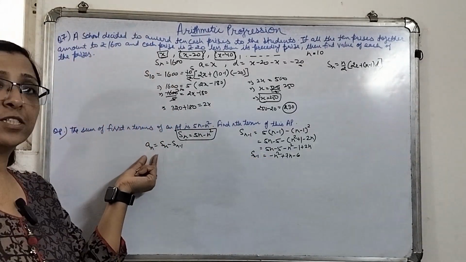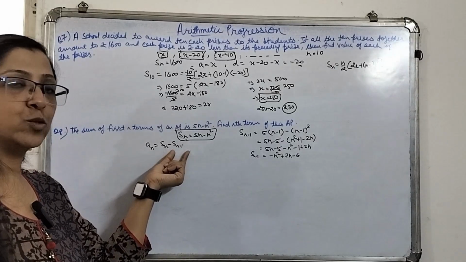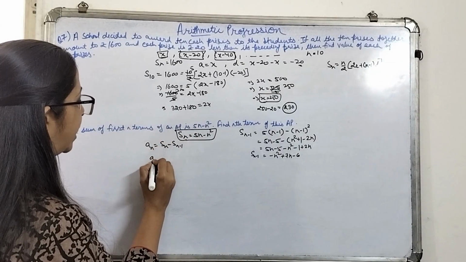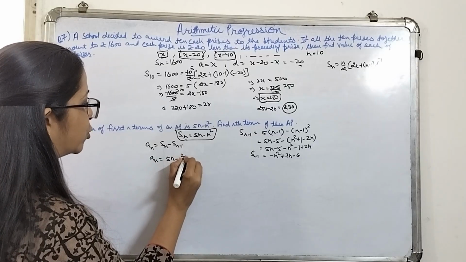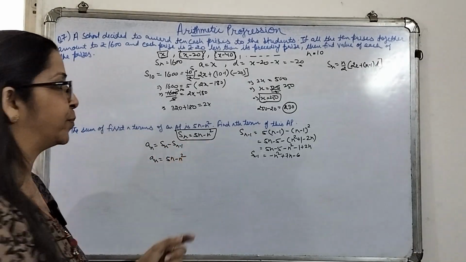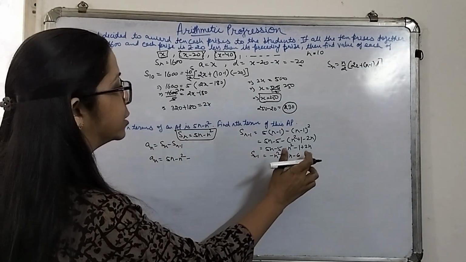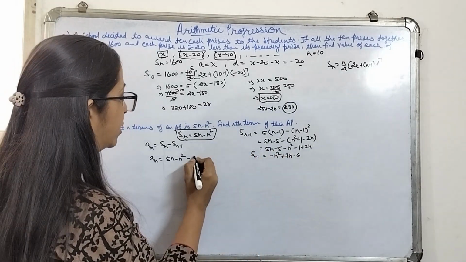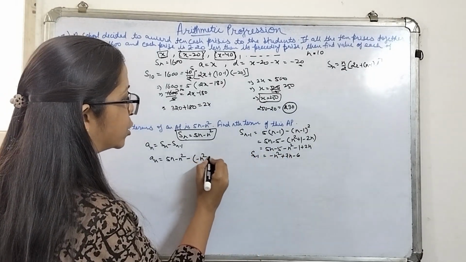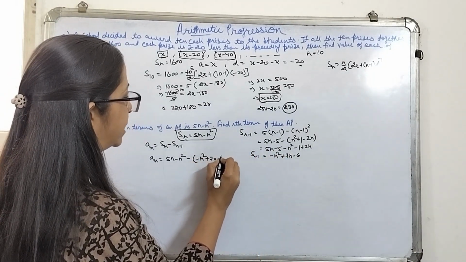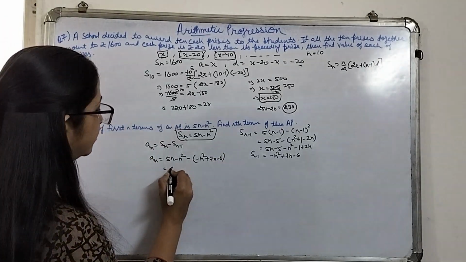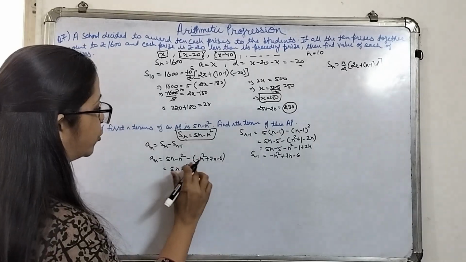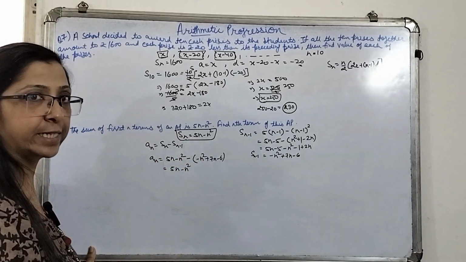Now, the nth term is Sn minus Sn minus 1. So we will be keeping it. So An will be, Sn is your 5n minus n square. This is the value of Sn minus Sn minus 1. This is the value of Sn minus 1, so it will be minus of n square plus 7n minus 6. Now, we will be solving it further. So it will be 5n minus n square. All the signs will be changing because outside it is a negative sign.